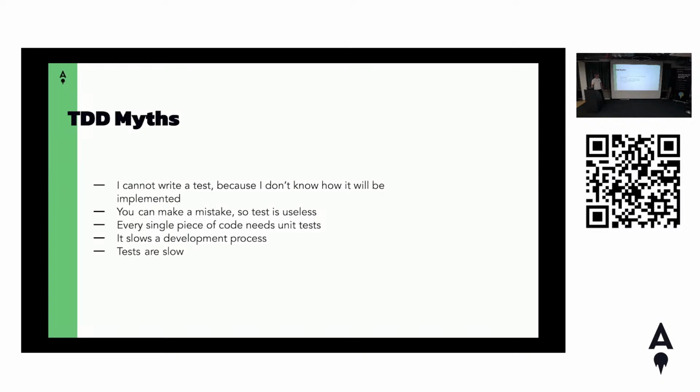And my favorite one is that you cannot write a test before you know how it will be implemented. That's not true, because you know what the expected output is for your task. And you typically start with the simplest case.